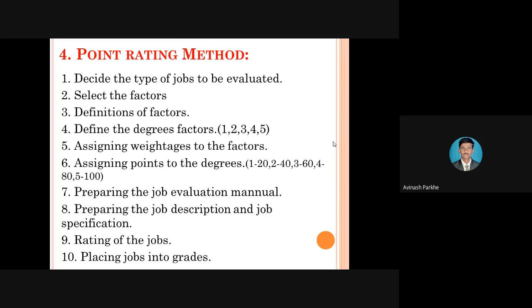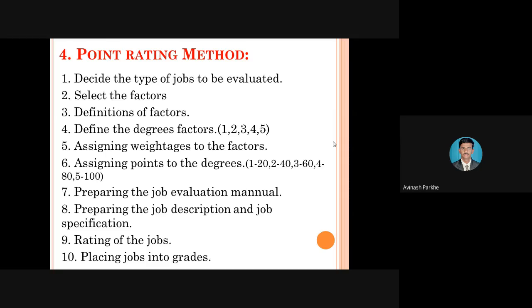Therefore, define the factors. Then define the degree of factors. So here, why is it called a quantitative method? Because here we are giving degrees to the jobs. In the first method, we gave the ranking. Ranking will be given in the form of low, medium, high. Then in the second method, whatever we have discussed, we gave the grades, that is A, B, C, D, E, F, G, H, I.